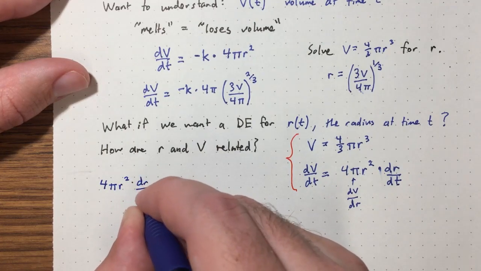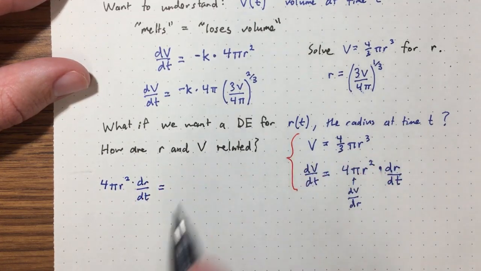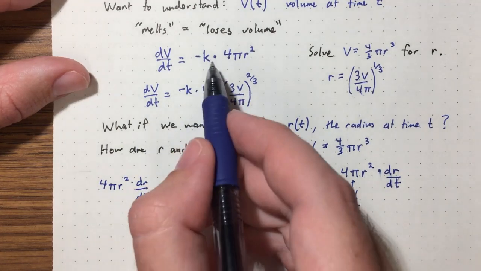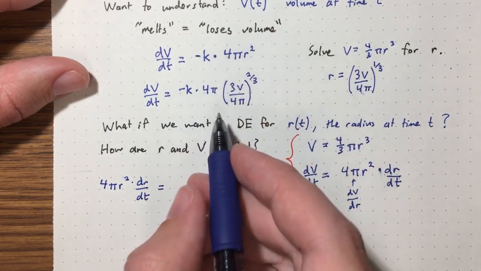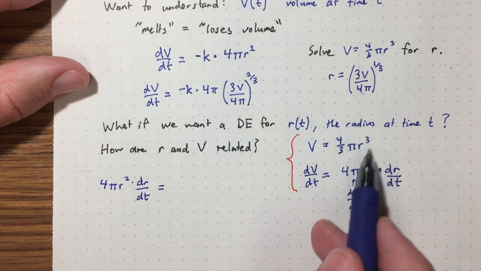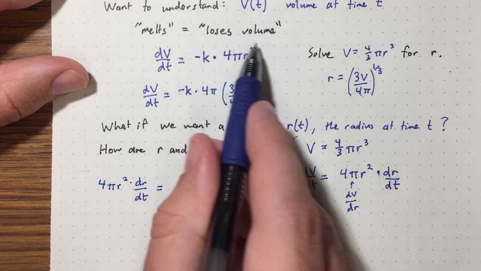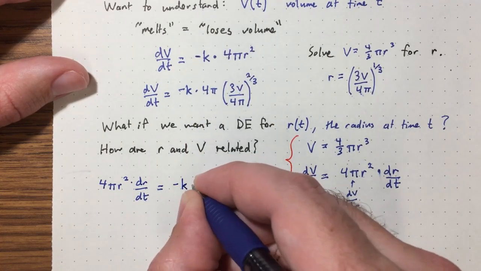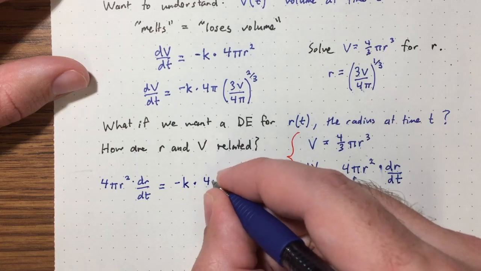And that's going to equal, actually, notice I can just use this one even. I could also write this down and then plug this expression in for V, but then I think we're just going to end up with this again. So this equals negative k times 4 pi r.